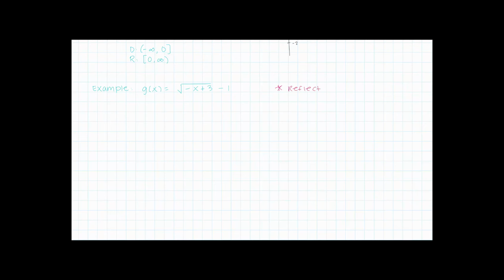We talked about that. And then we also want to make sure that we factor out anything that's in front of x. So I want to make sure to factor out this negative first. Factor out the negative inside the square root because that's going to show you our shift.